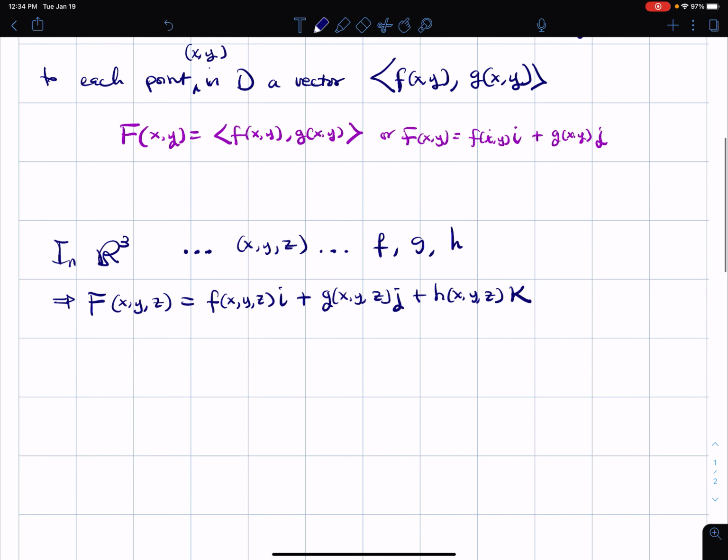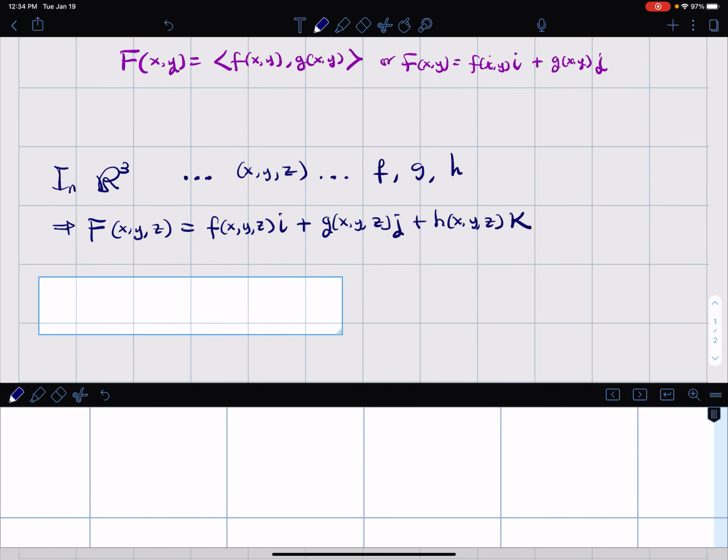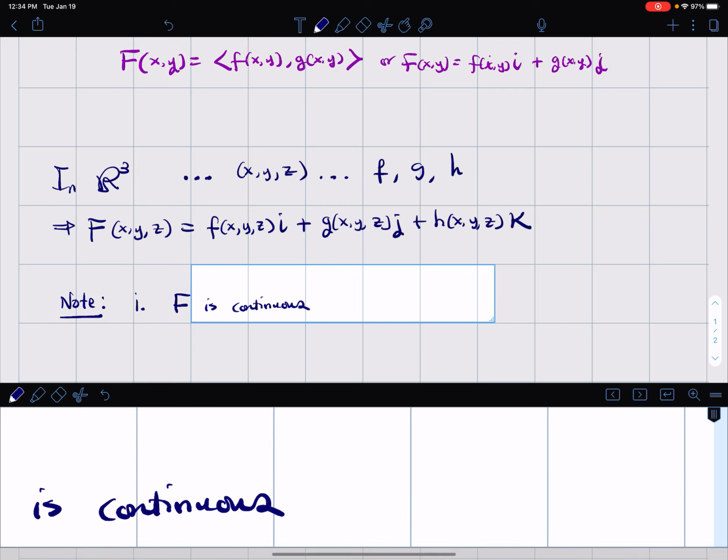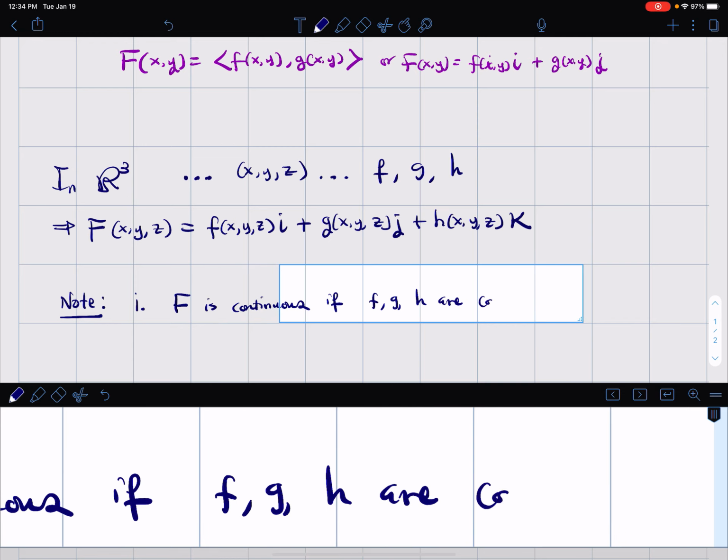So a few things to note. Let's talk about continuity. F, capital F, is continuous if f, g, and h are continuous.